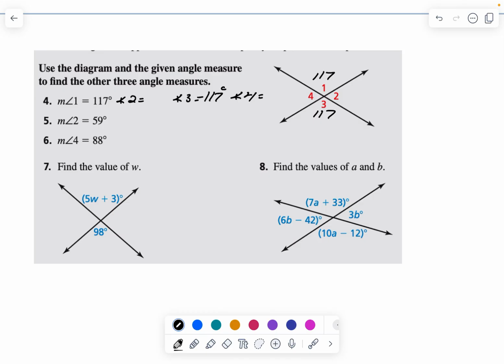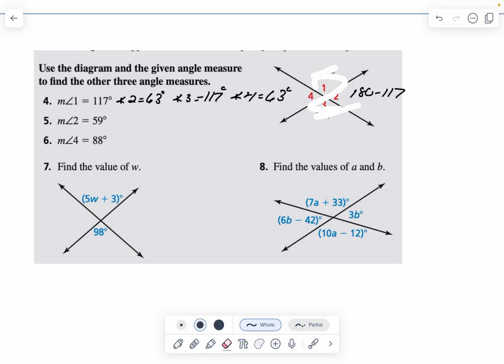And then remember, 2 plus 3 equals 180. So angle 2 would be 180 minus 117, or 63 degrees. So angle 2 is 63, and angle 4 would then also be 63 because it's vertical. Now you are welcome to pause and try to do these on your own and then push play to check.